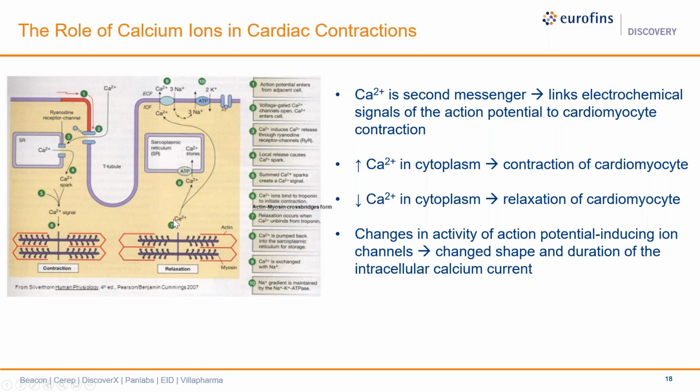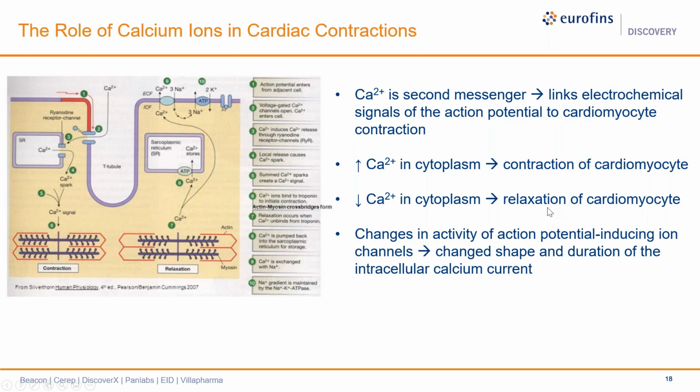And this then allows relaxation and a new cycle can occur. So basically, the intracellular calcium levels in a cardiomyocyte are constantly oscillating. And you can remember that when there are high levels of calcium in the cytoplasm, then the cardiomyocyte contracts. If there are low levels of calcium in the cytoplasm, then the cardiomyocyte relaxes.